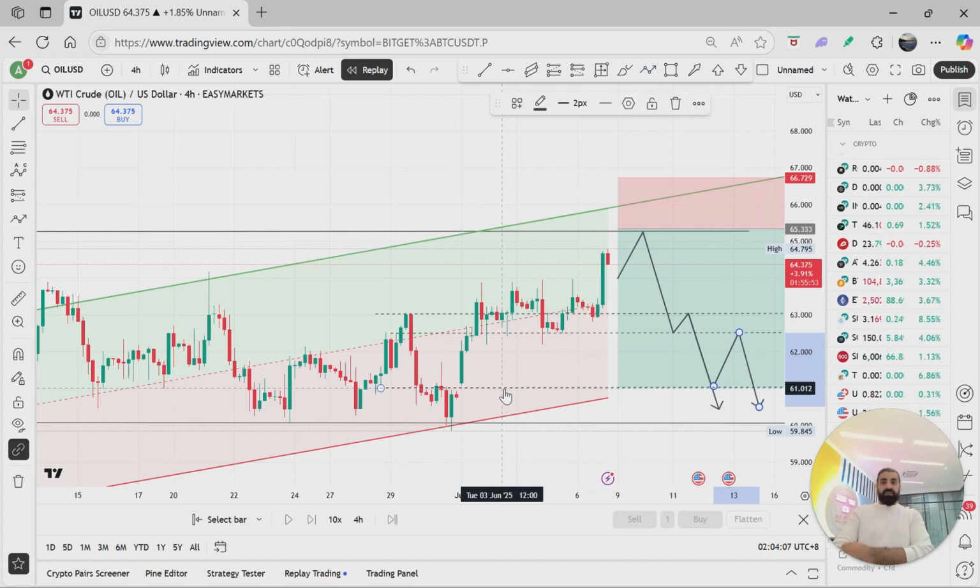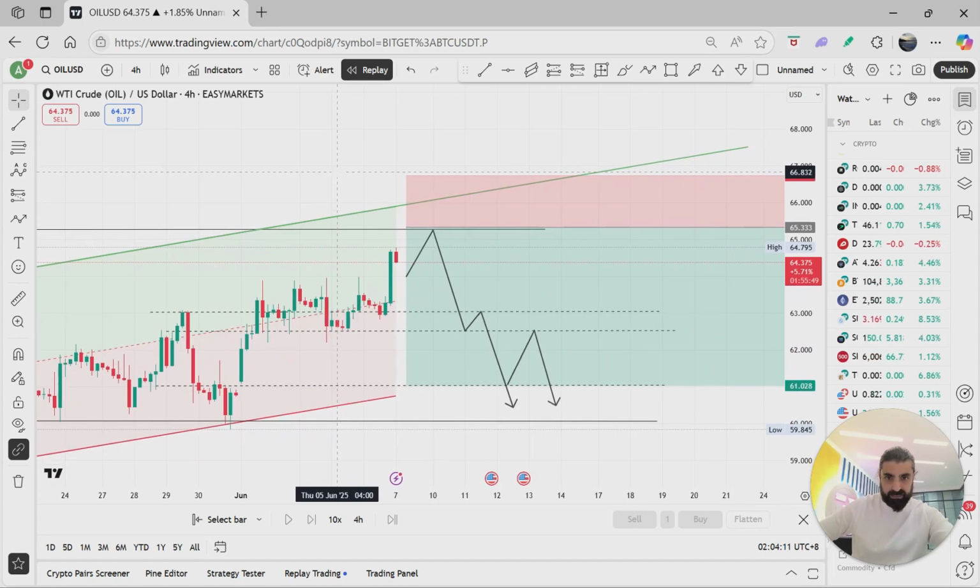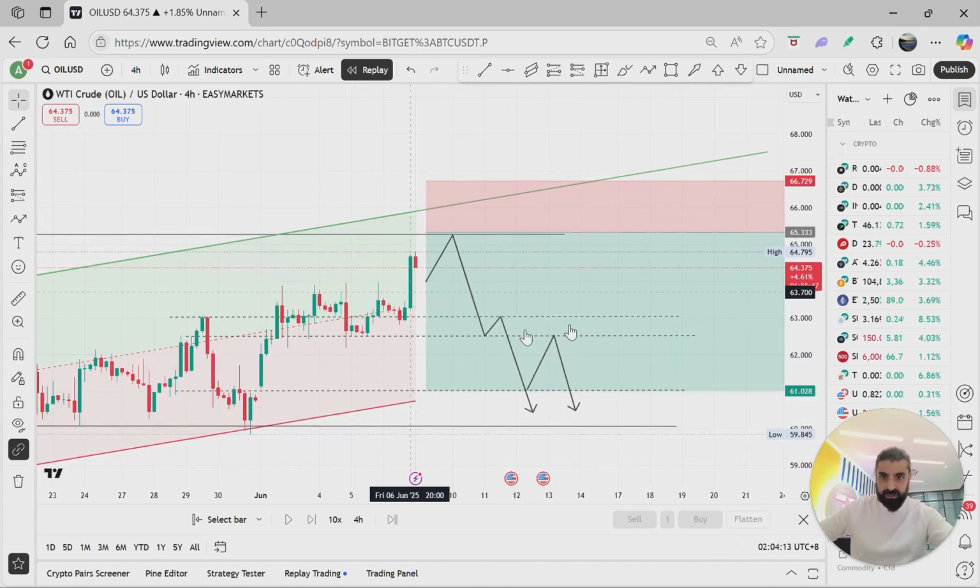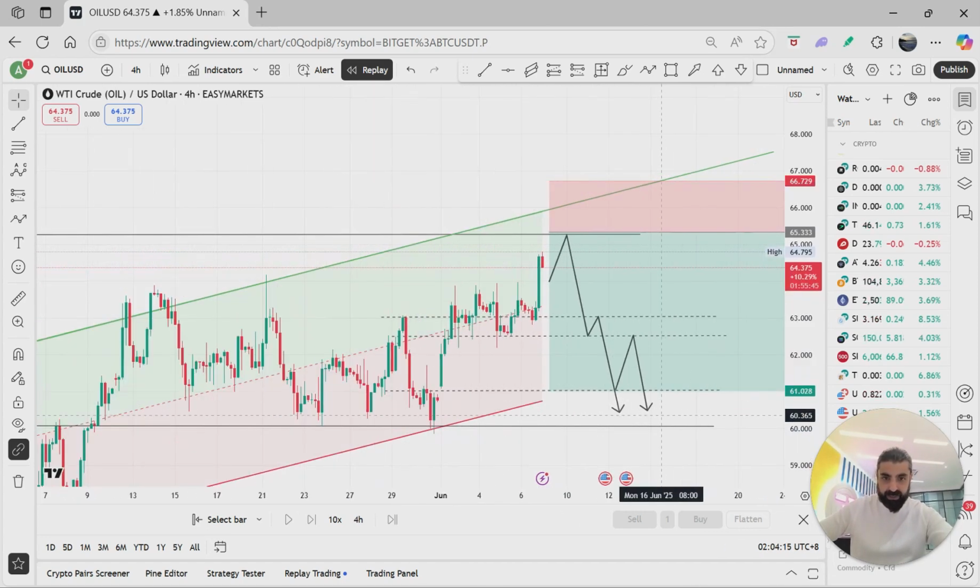So this is the trade setup that we are looking at. These are the potential two moves that are going to happen, right?